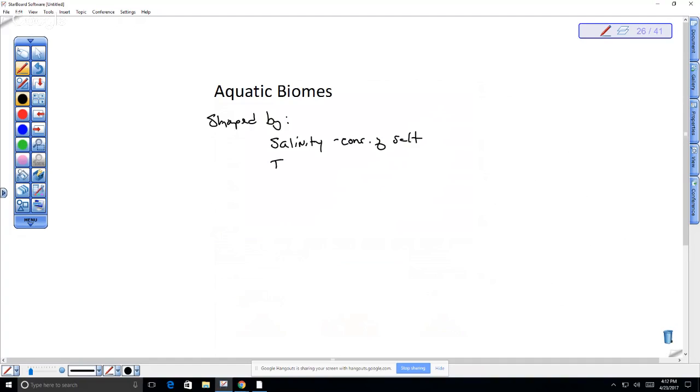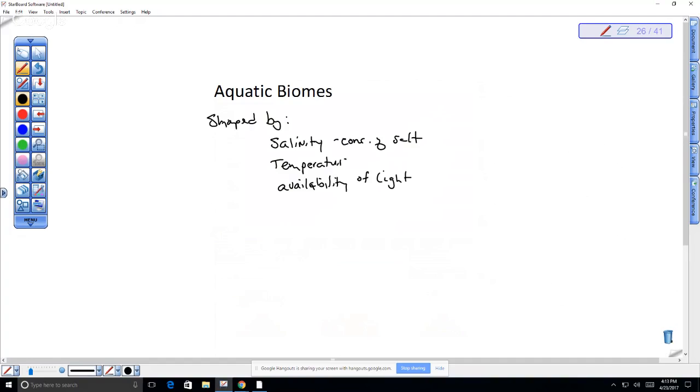They're also shaped by temperature, and availability of light. Light can only get down through the different layers of the water, so it can only penetrate down so far. When water is cloudy, light cannot reach as far down.